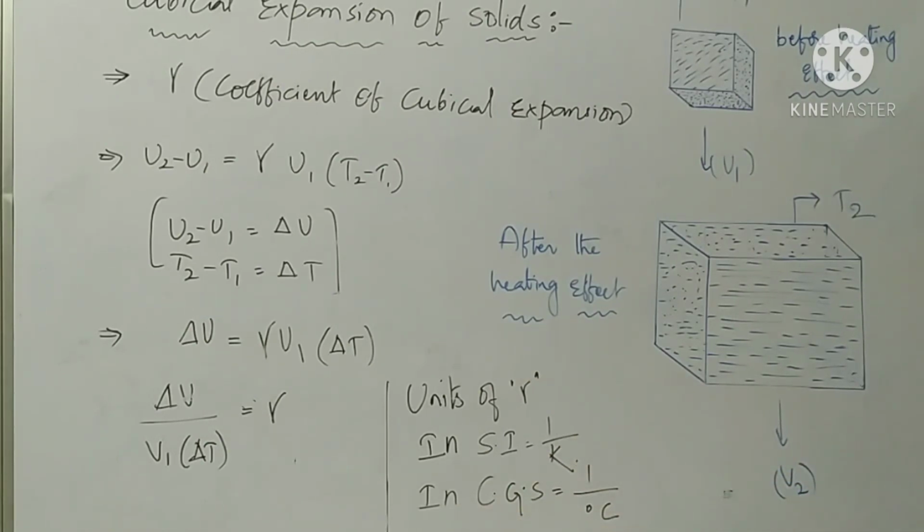In the CGS system, centigrade gram second, the units are 1 by degree centigrade or Celsius.